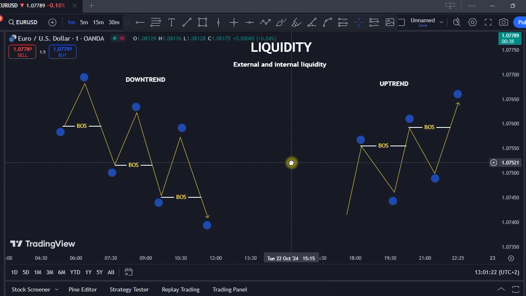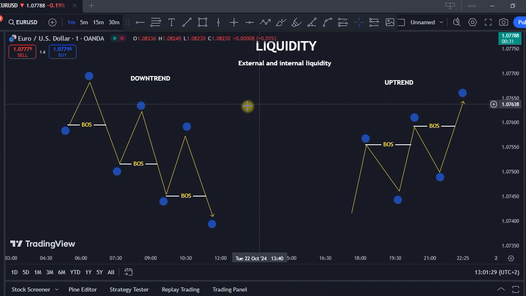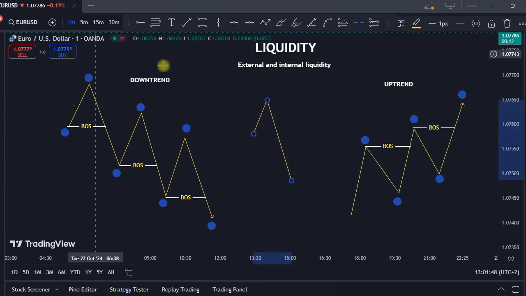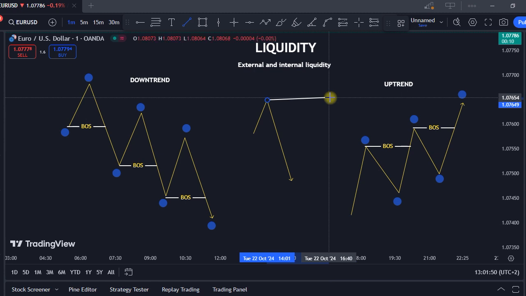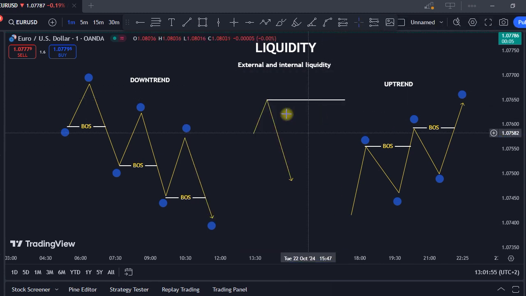Now when we talk about external liquidity, this is liquidity that is resting above a high, or below a low, that is protected, a low that we do not expect to see being taken out of the market. So we expect the market to respect this low and not take it out. For example, if we are having this kind of structure and we say that this is a significant high, we don't expect the market to take this high out.